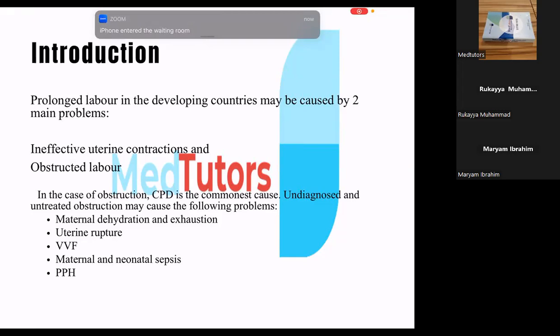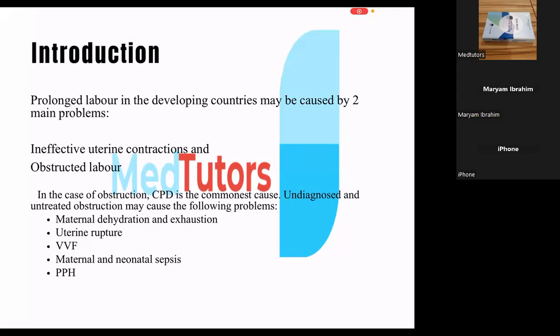So another complication that can occur is uterine rupture. Then she can develop vesicovaginal fistula. There can be maternal and neonatal sepsis. Postpartum hemorrhage can occur. So these are all complications that, if you really know how to diagnose and manage labor appropriately, you can prevent from happening.